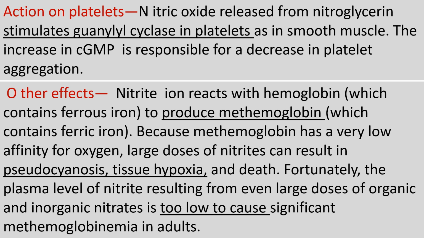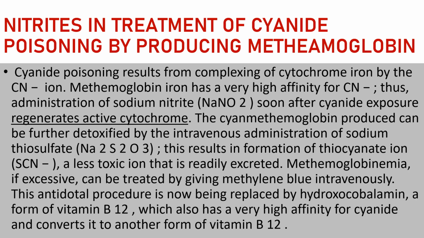But fortunately, even if you are giving large doses of organic and inorganic nitrates, they do not cause significant methemoglobinemia in adults. But this aspect of the nitrates is being used in a certain condition, which is cyanide poisoning.